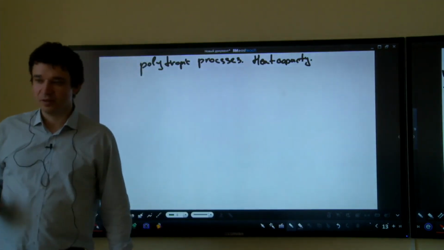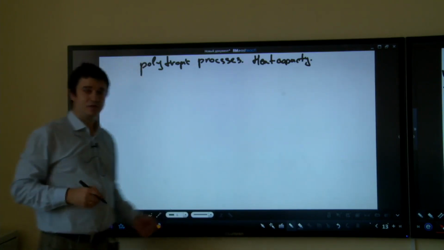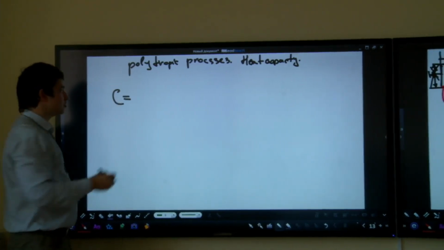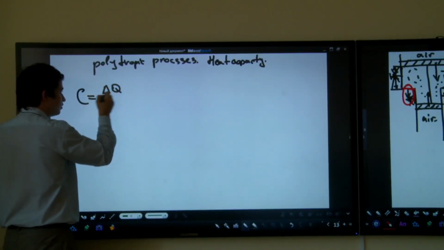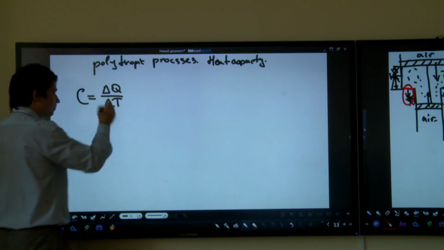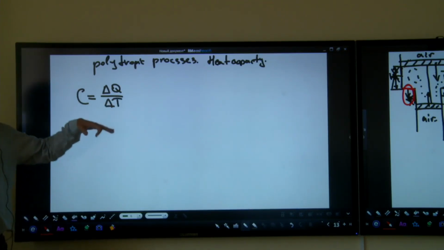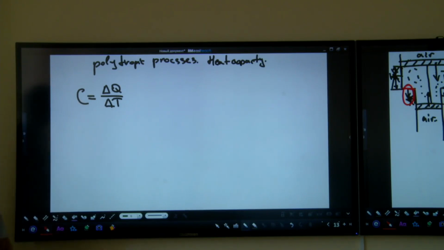Okay, so the heat capacity is a new concept: C equals the amount of heat supplied to the system divided by the amount of temperature increase produced in that system.